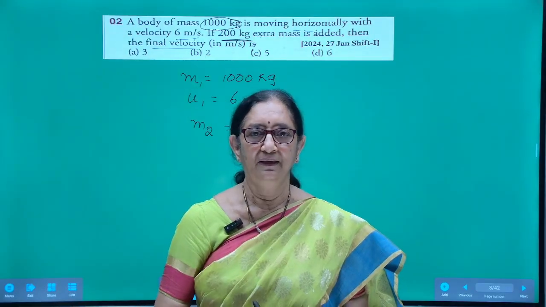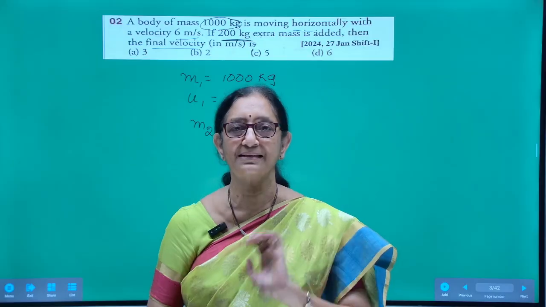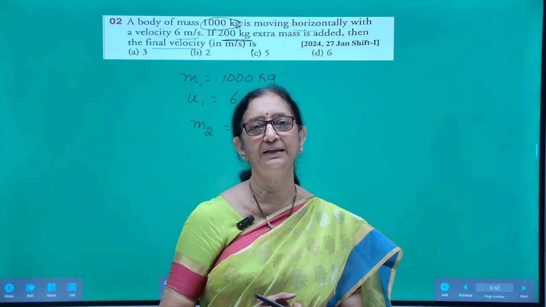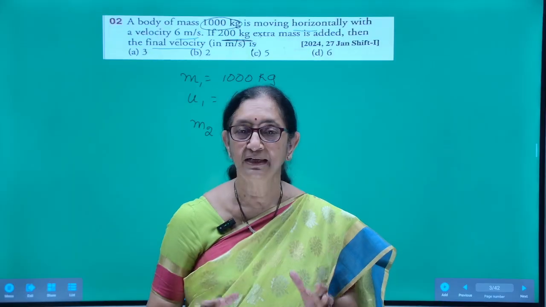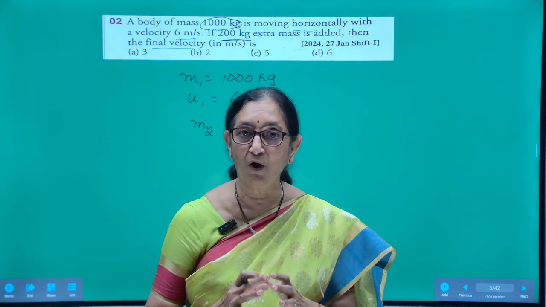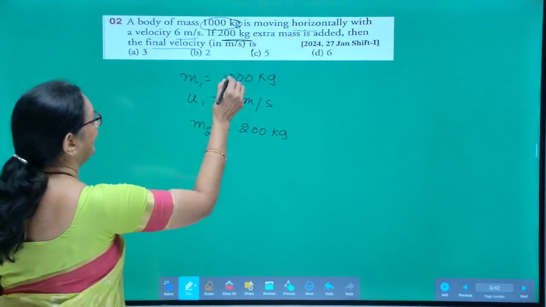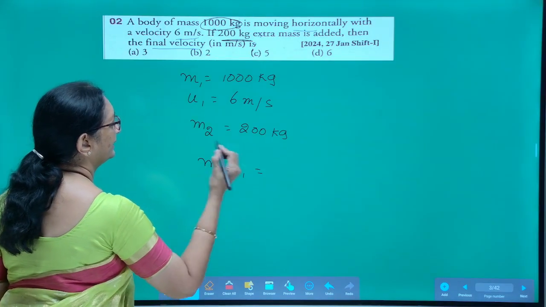See here, without applying any external force, just mass is added to the system. So, law of conservation of momentum says that in absence of external force, the total momentum of the system is conserved. So, what is the initial momentum of the system? m1 u1.